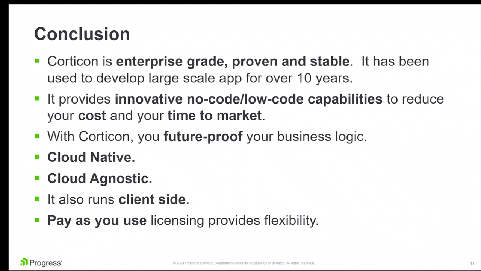With Corticon, you future-proof your business logic, as Corticon.js is cloud native, providing you elasticity, scalability, and integration with other services like cloud vendors' workflow or machine learning offerings. And you future-proof your business logic because Corticon.js is also cloud agnostic.